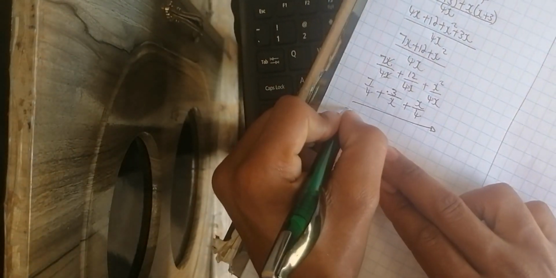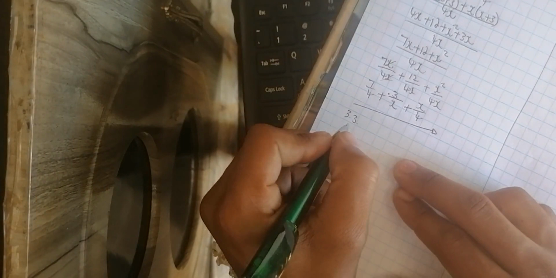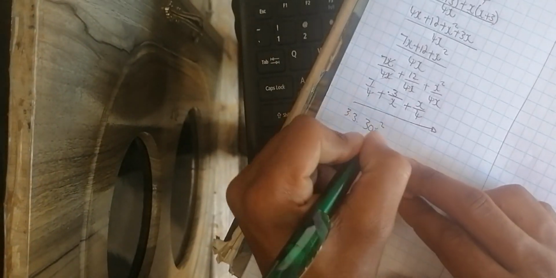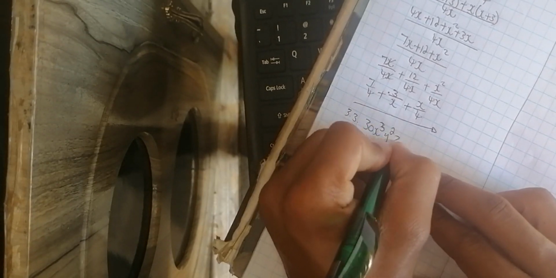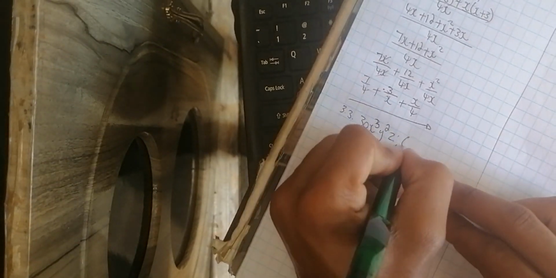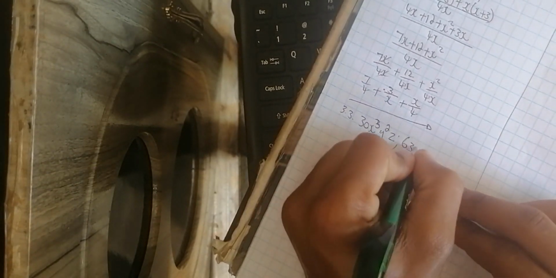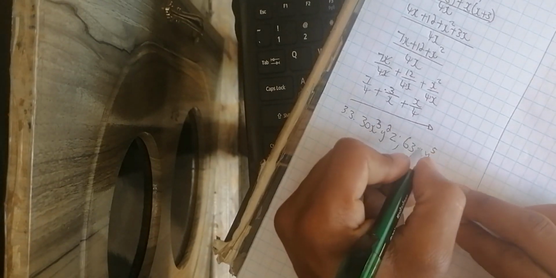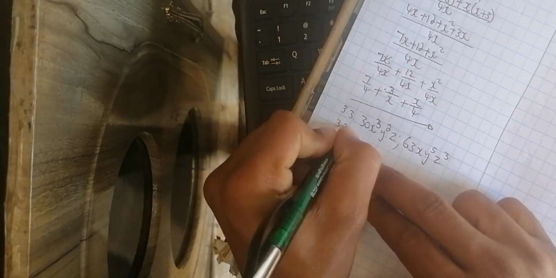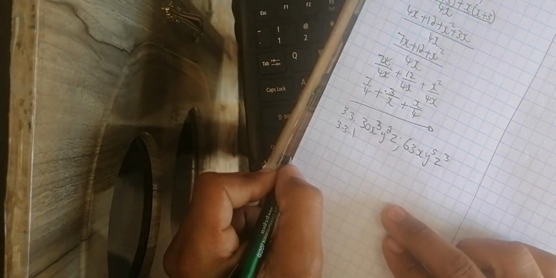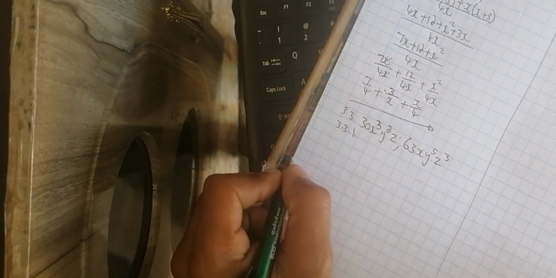And then we can go to 3.3, where we are given 30x³y²z and 63xy⁵z³. And immediately in 3.3.1 they say determine the following from the algebraic terms, the prime factors of each term.